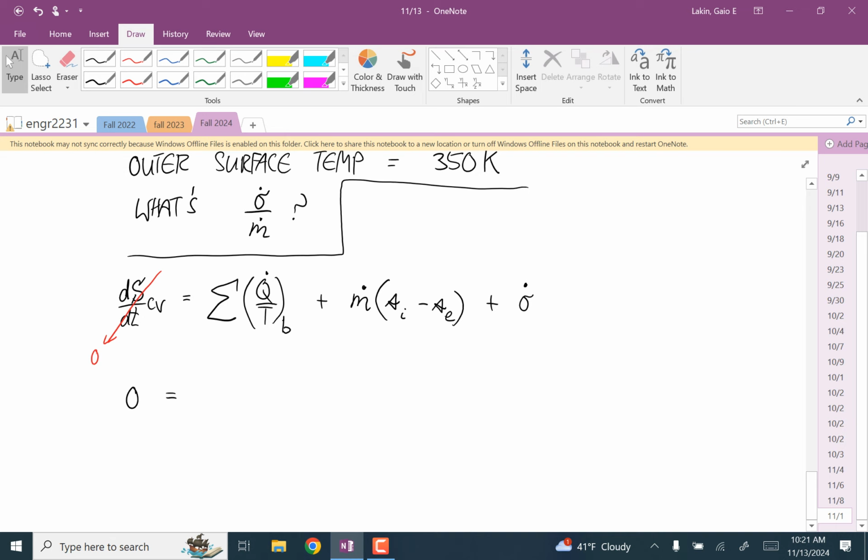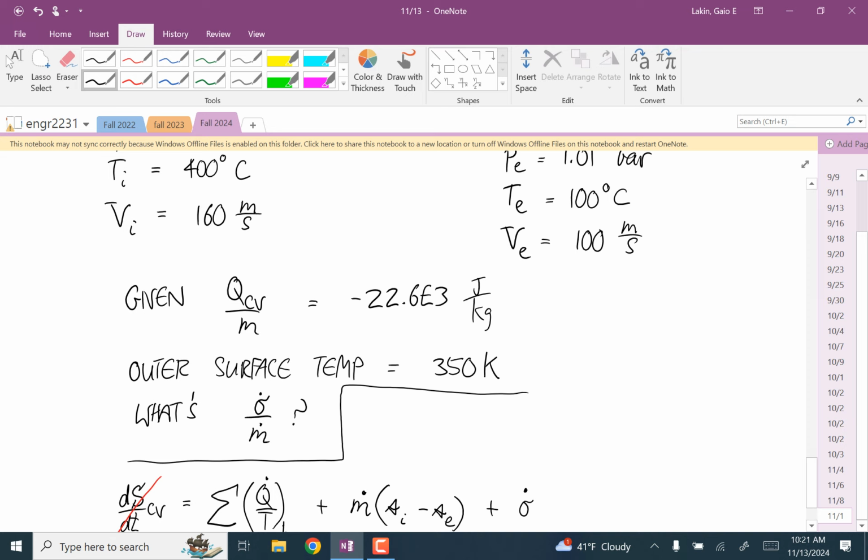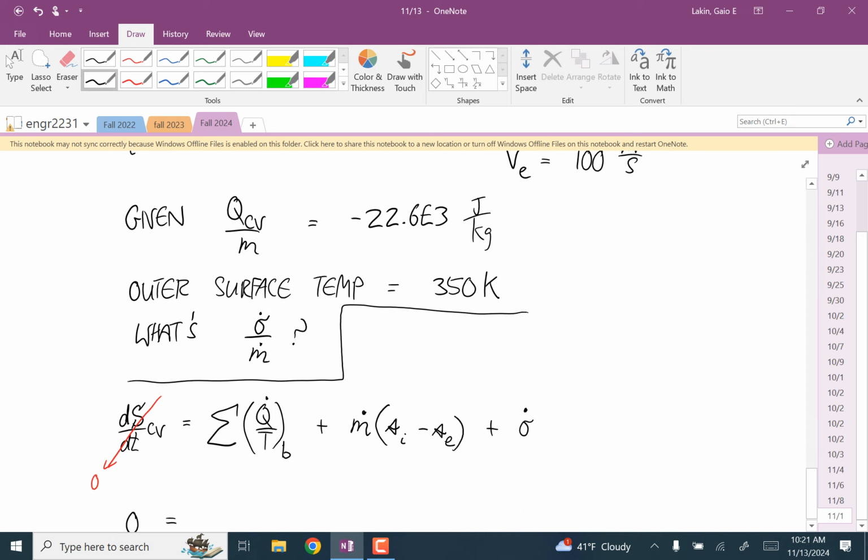I'm going to divide everything, since we're doing everything as ratios of properties divided by masses, and we're given this heat transfer divided by mass, but we can think of that as Q dot over m dot.